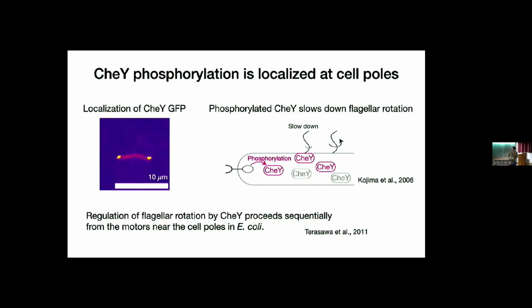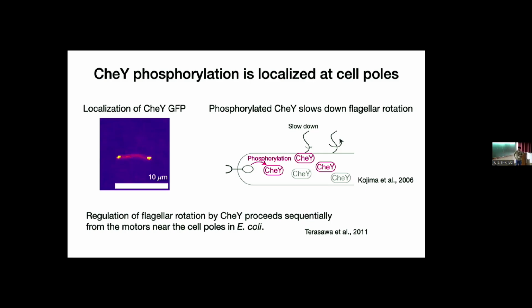And in previous E. coli studies, regulation of the flagella rotation by KY proceeds sequentially from the motors near the cell pole. So if the motor is very close to the cell pole, it changes the spinning rate earlier compared to the other ones.